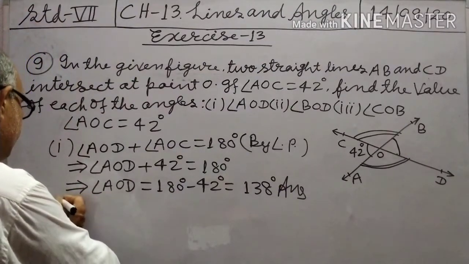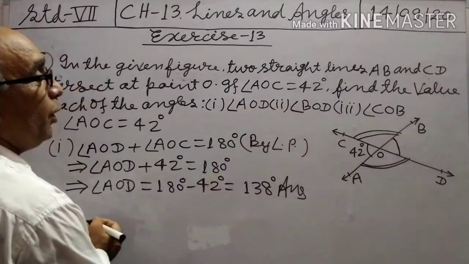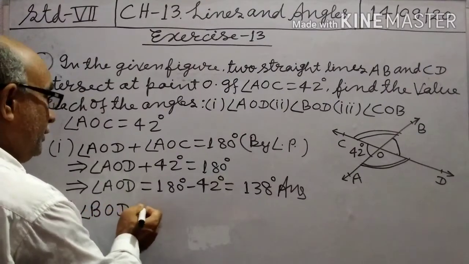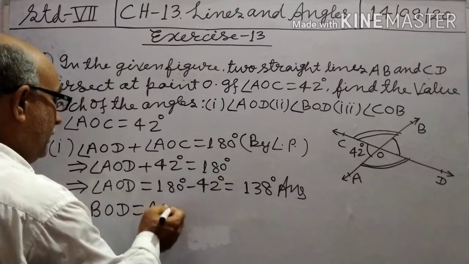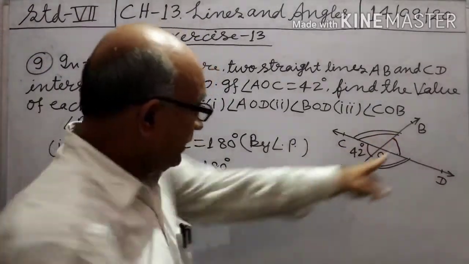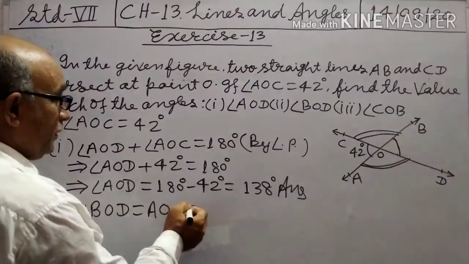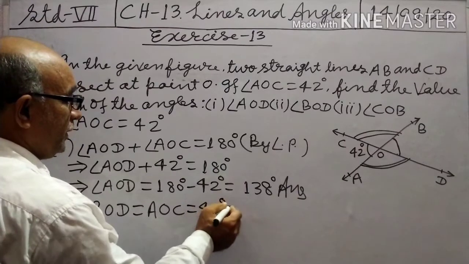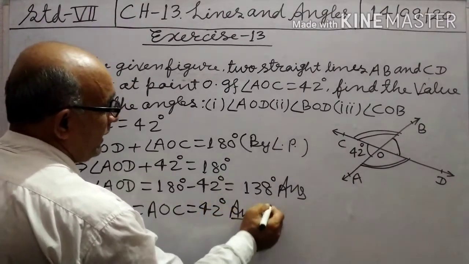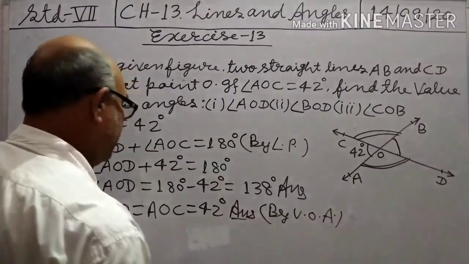Now next, find angle BOD. Angle BOD equal to angle AOC, vertically opposite angle, equal to 42 degree. Answer by VOA, vertically opposite angle.